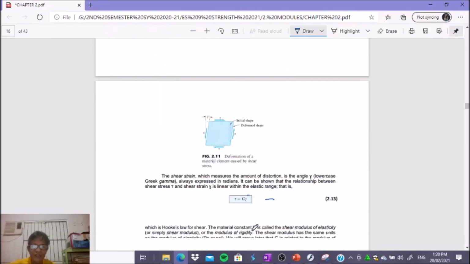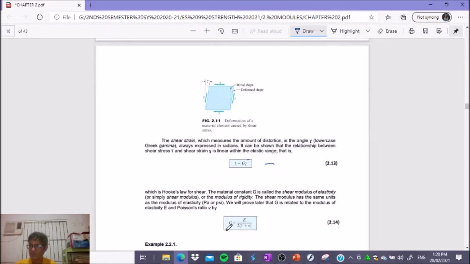Pagdating sa shear stress, we have stress is equal to modulus of elasticity times strain. Then kapag shearing, tau is equal to G times yung shearing strain na tinatawag. So stress, strain, stress, strain. Kumbaga ito parang Hooke's Law, pero ito in terms of normal stress, ito in terms of shearing strain.